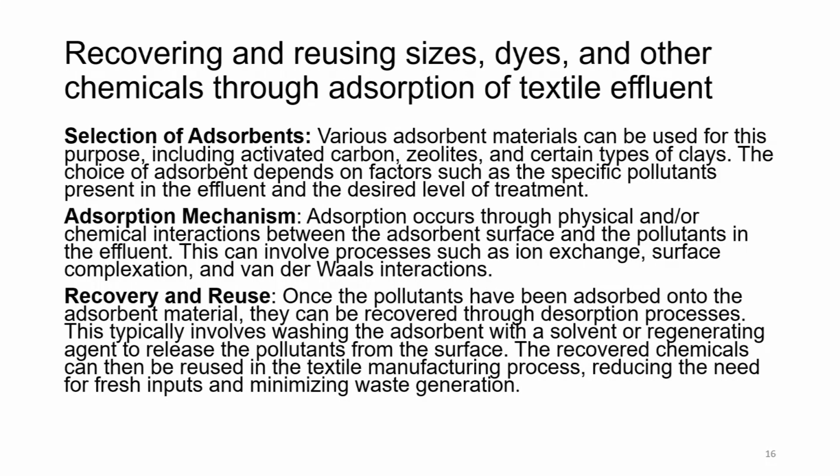The recovered chemical can be reused in the textile manufacturing process, reducing the need for fresh inputs and minimizing waste generation. So, that is the whole idea of using adsorbent, because by a simple physical phenomenon or even a chemical phenomenon like desorption, it can be dissolved with the help of a solvent or water or even heat.